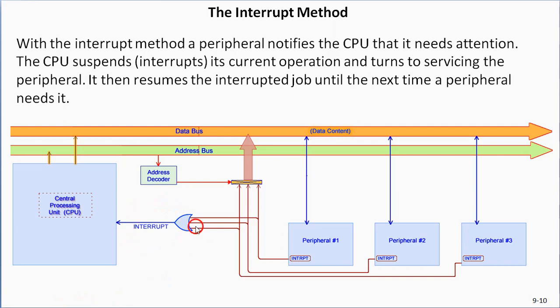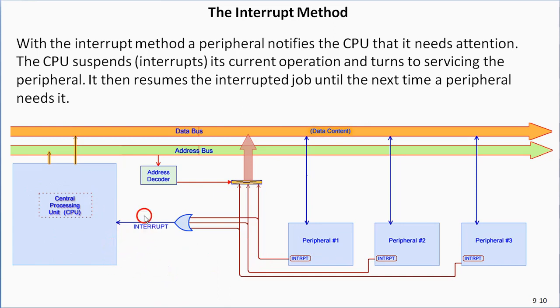Shown over here is the way that peripherals can request the attention of the CPU, which at the time may be doing something else. Now the CPU is supposed to at some point suspend or interrupt its current operation and turn to servicing the peripheral that requested its attention. This figure shows a simple implementation of the method.